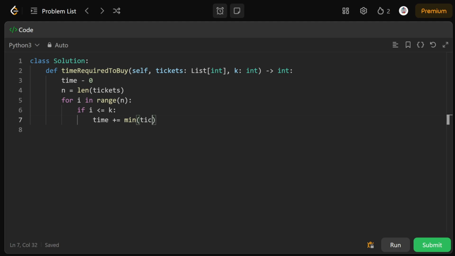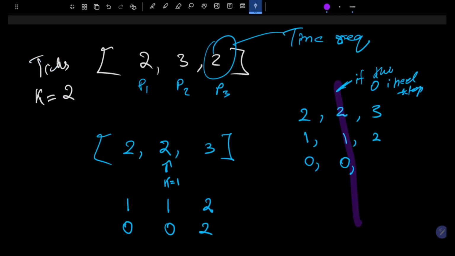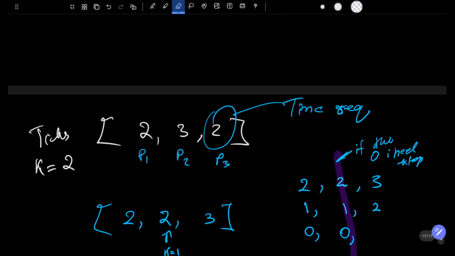This is my specific person's ticket at the kth index. So all the persons can buy at least, or rather, at max, this much.